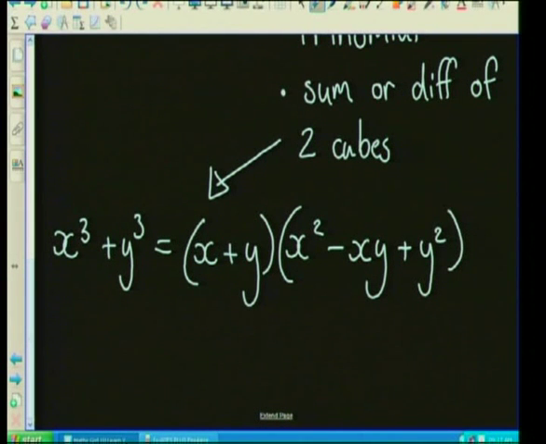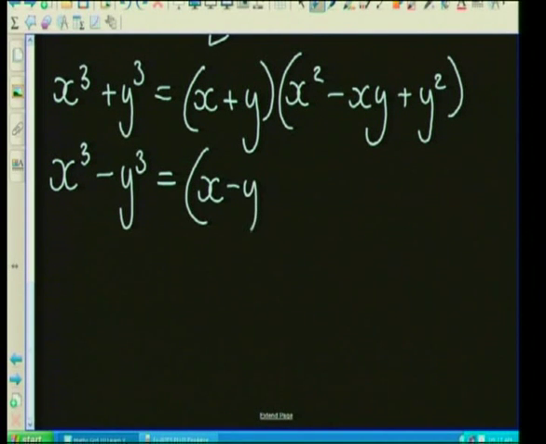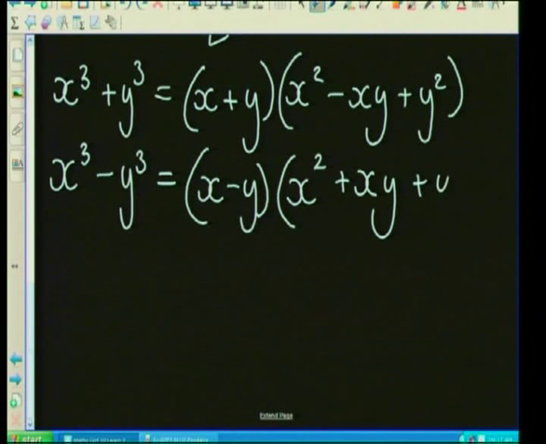So that's the sum of two cubes. If it's the difference of two cubes, it means it has a minus between them. And your first bracket will be x minus y. Your second bracket will be x squared plus xy plus y squared.